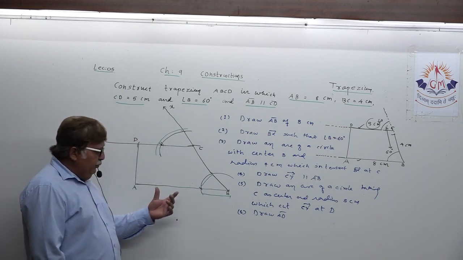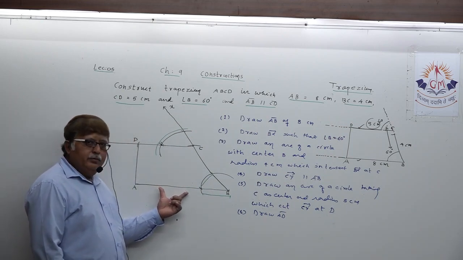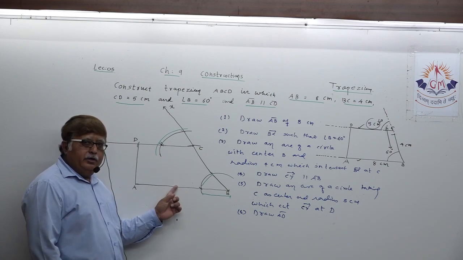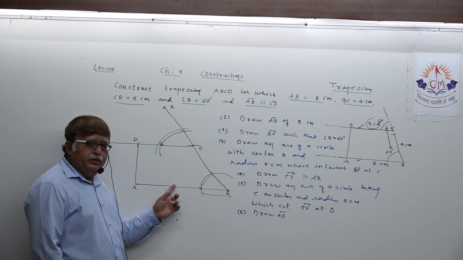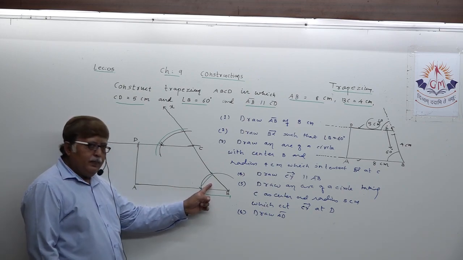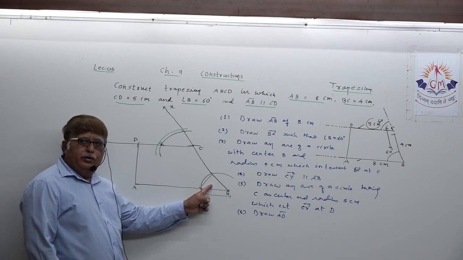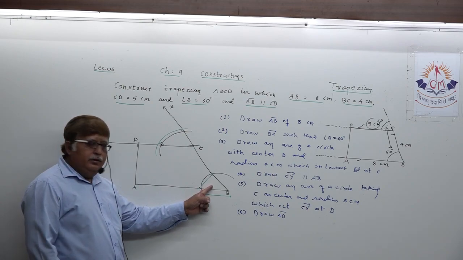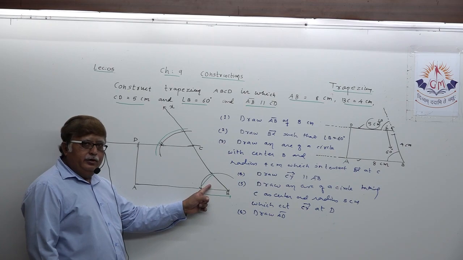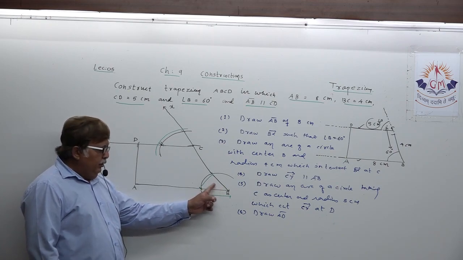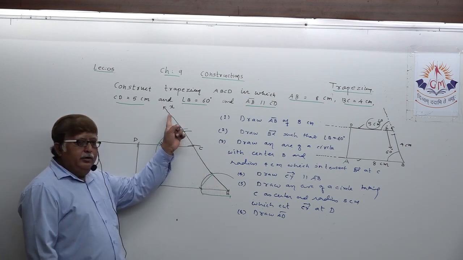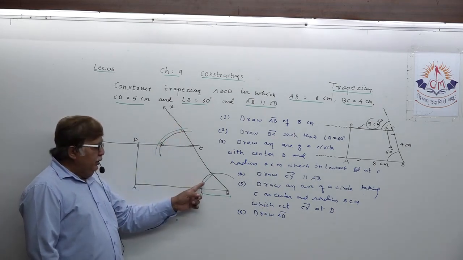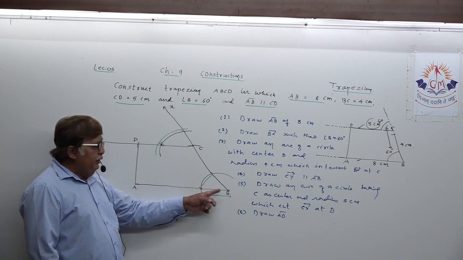Can we have a simple revision of this? First, line segment AB of whatever measurement is given, that you construct. Angle B is targeted as 60 degree. For that purpose, you construct ray BX to realize the angle of 60 degree.